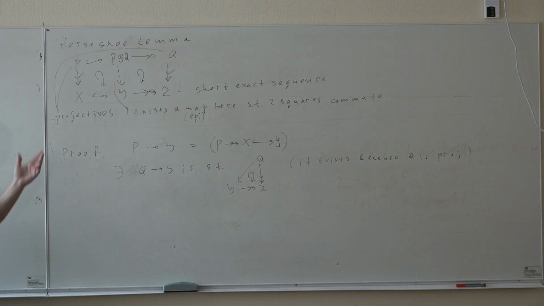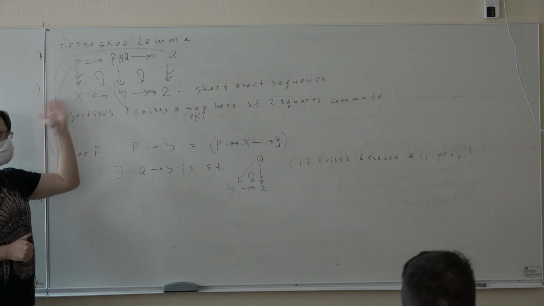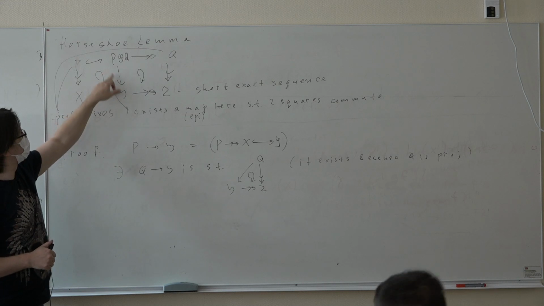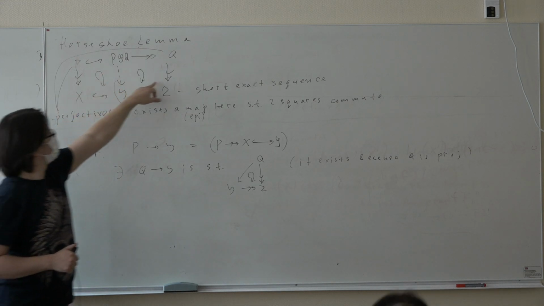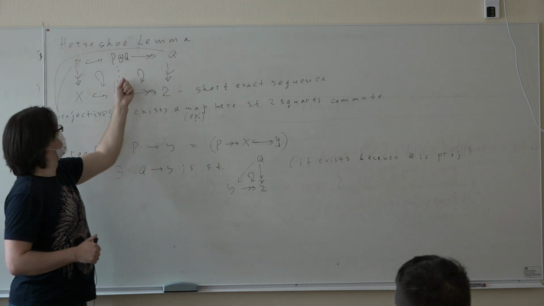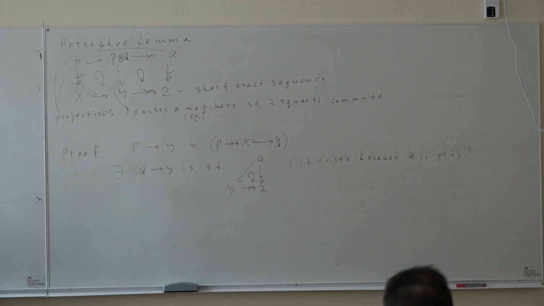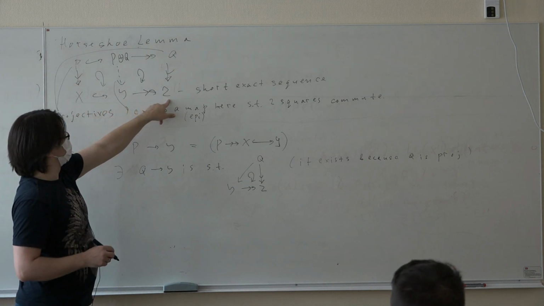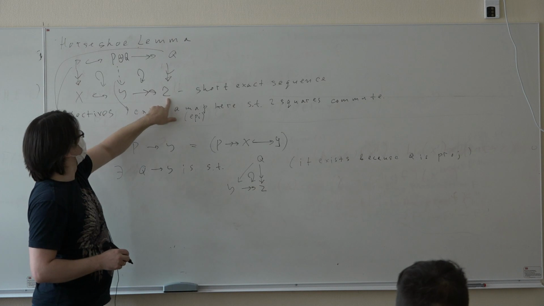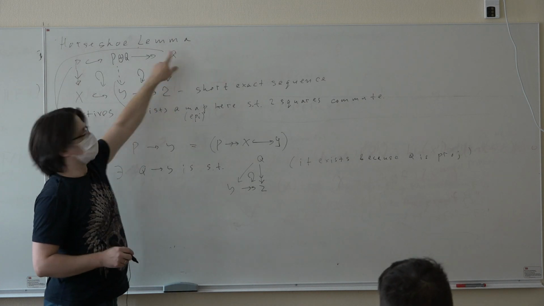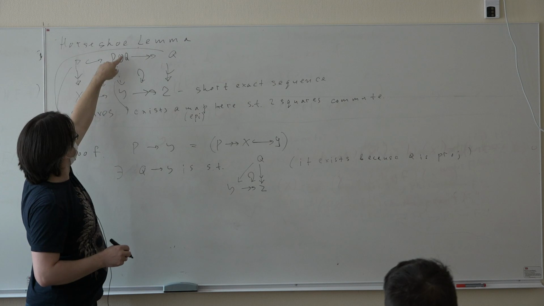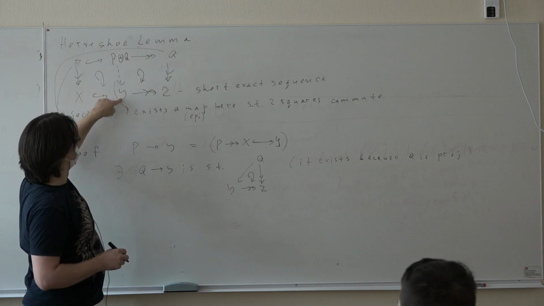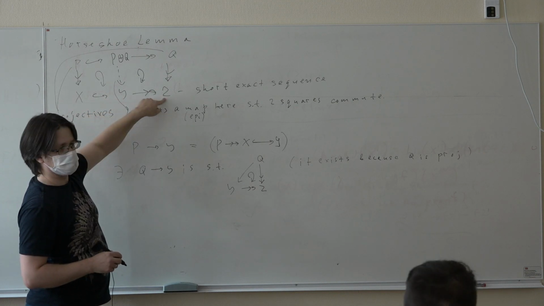Probably we will prove the five lemma, and it is not a part of the five lemma, which asserts that if you have here epi, and here mono, then this one is epi. Or simply you can take an element here, it has some image here, then it has some pre-image here, you take it, and when you subtract from the initial element, you get some element in Y that goes to 0 here.